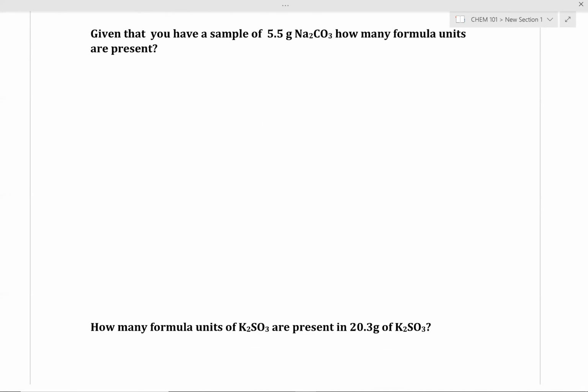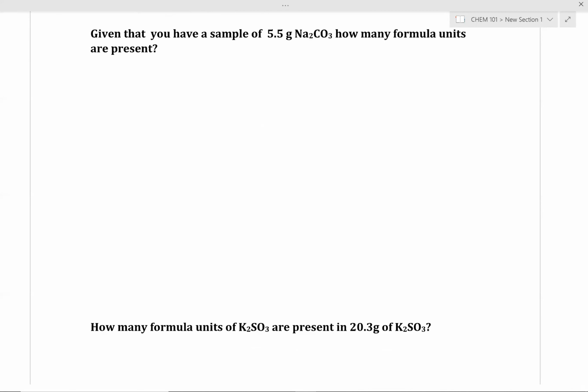Starting with this first gram to mole conversion, what conversion factor will we use? Molar mass. So if we want to calculate the molar mass or molecular weight of sodium carbonate, all we have to do is add up the total mass of each atom of each element. Let's start from left to right.